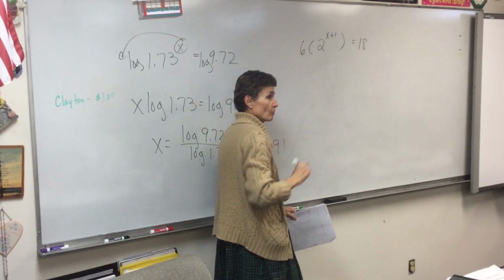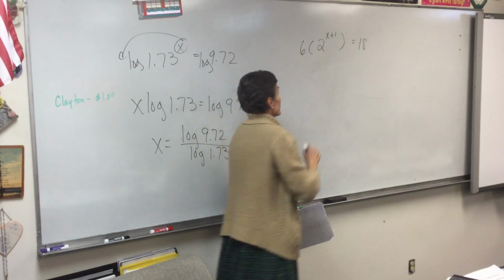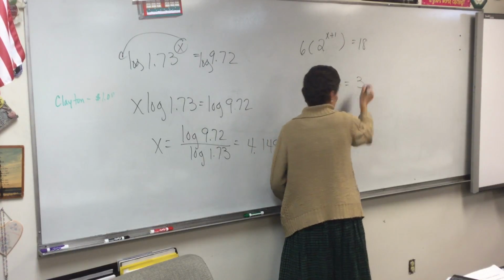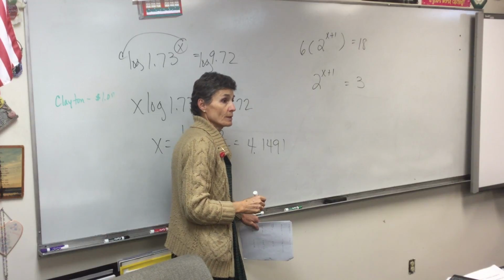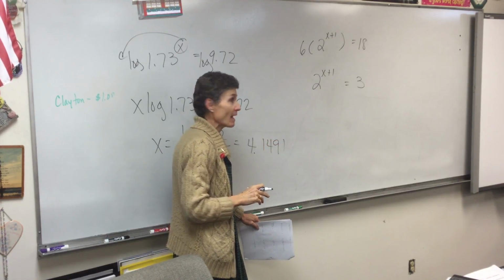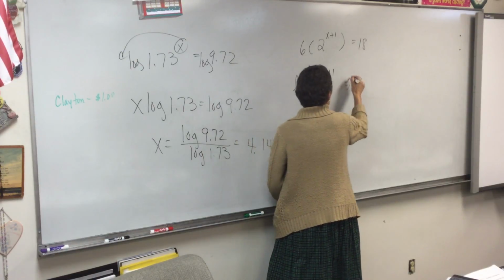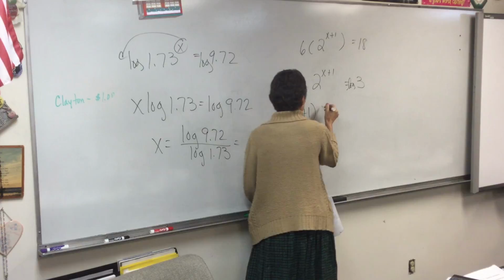Don't take the logarithm with that 6 out there or you're going to be wrong. So we'll have 2 to the x plus 1 equals 3. Now, I don't want you worrying about the fact that the exponent's a little bigger. No big deal. Take the logarithm of both sides. Pull it out in front.